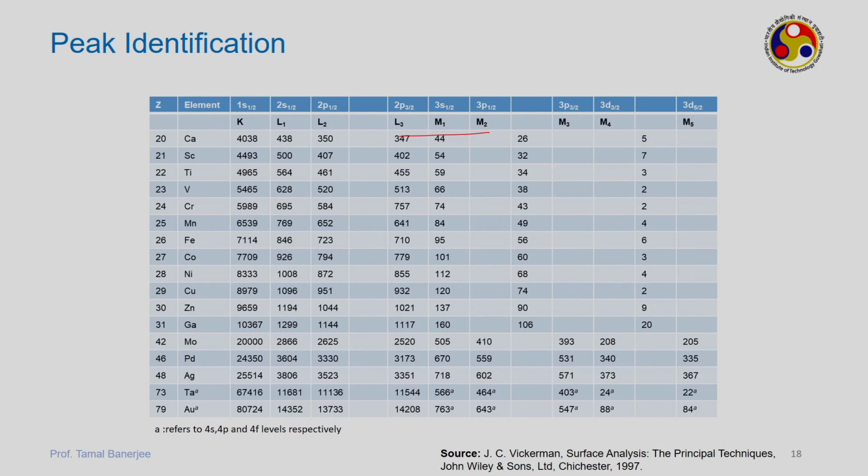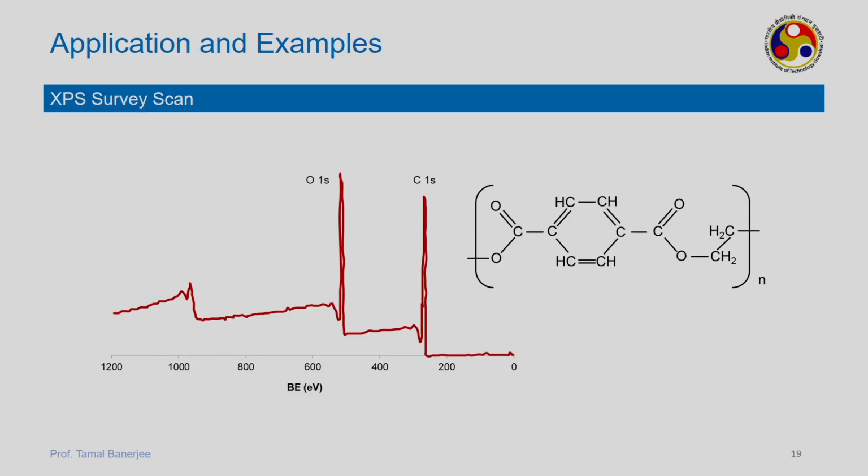Okay. So, for example, where can we use this XPS spectra? This is an XPS scan where we report the binding energy from 0 to 1200 for a polymer sample. For the polymer sample, we can tell the different attachments of carbon.